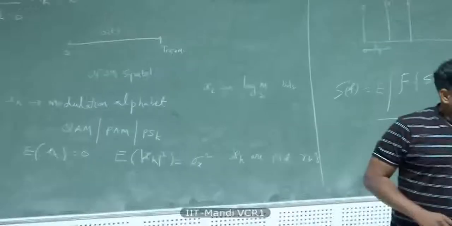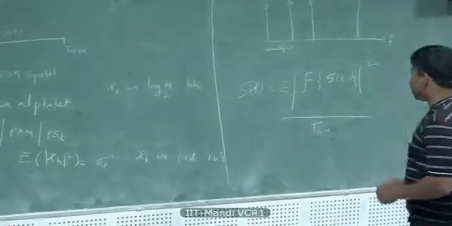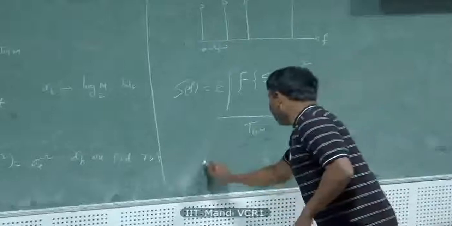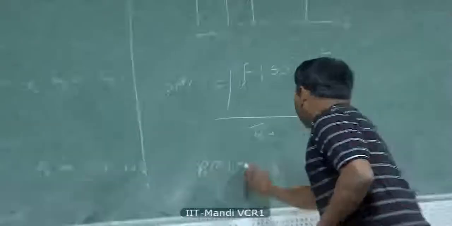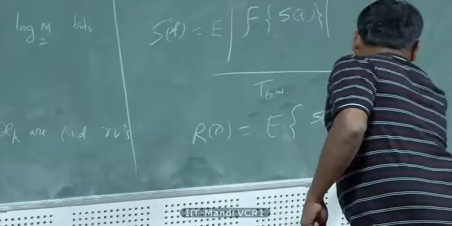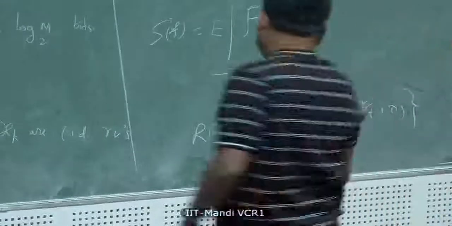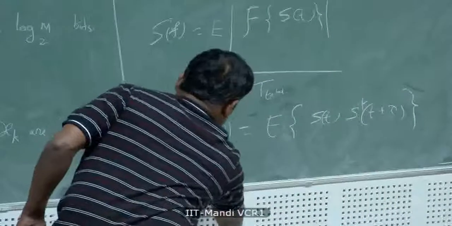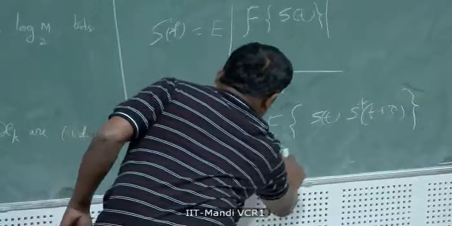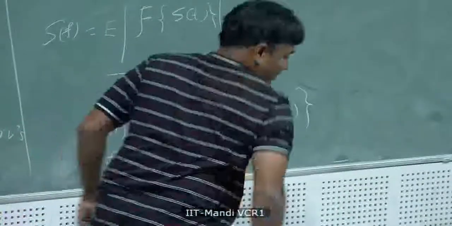That directly gives you the average power spectral density. Okay. So another way of doing it is calculate R of tau, that is the expected value of S of t, S conjugate of t plus tau, that is R of tau, and the power spectral density S of f is equal to the Fourier transform of R of tau. I don't know if this is visible.